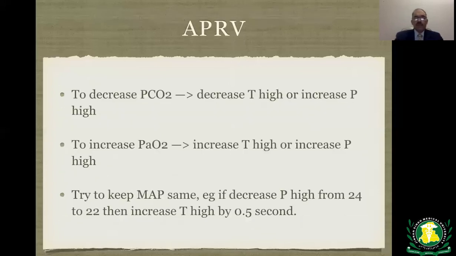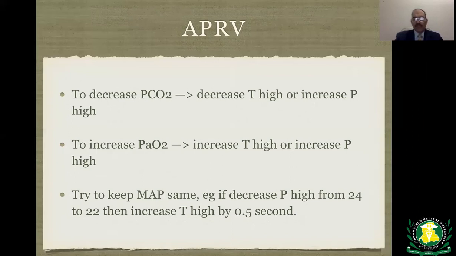Now, if you want to decrease the PCO2 in this mode, you have to decrease the time for higher pressure or increase the higher pressure. If you want to increase oxygenation, then you increase the time for higher pressure or increase the higher pressure. But try to keep the mean airway pressure the same.